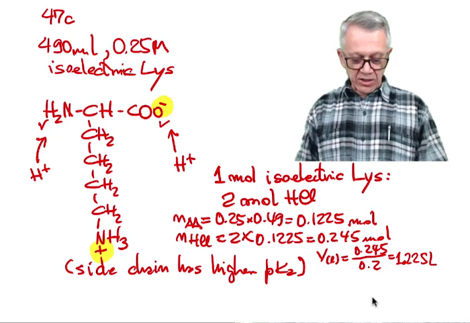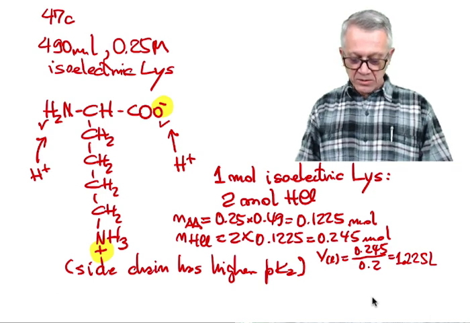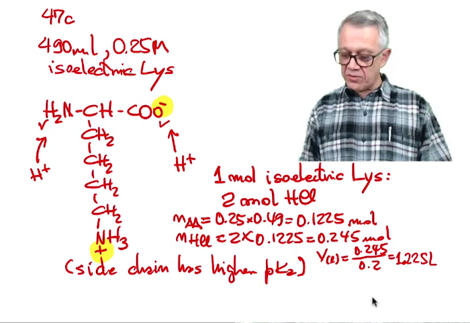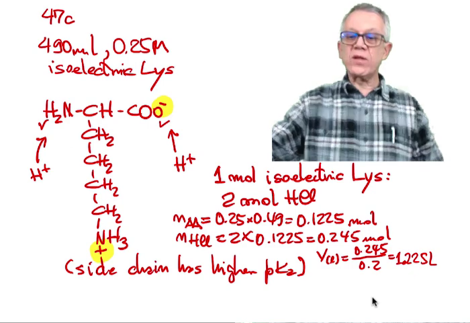Let's double check all the calculation here so that we don't get any information wrong in the video. 0.245 divided by 0.2. Yeah, that's exactly what we get.